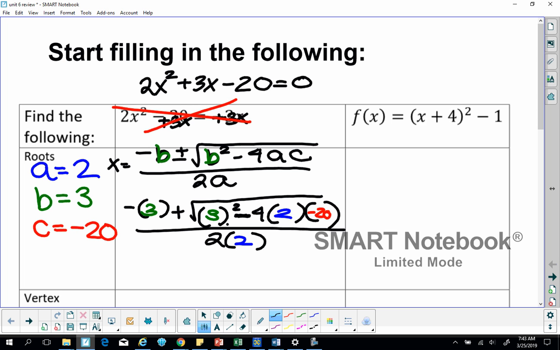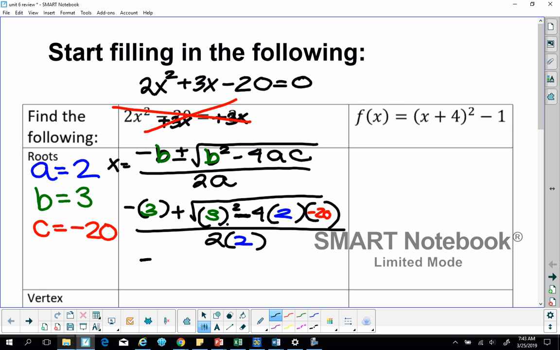If you're someone who likes to reduce it, which I probably would, you can do this first, figure out what that number is, and then that way you just put it in that radical. So like if I'm going to reduce it, I can go like this. The opposite of 3 is negative 3 plus, what's 3 squared? 9. And then I see 2 negatives, so I know it's going to turn to a plus sign. What's 20 times 2?